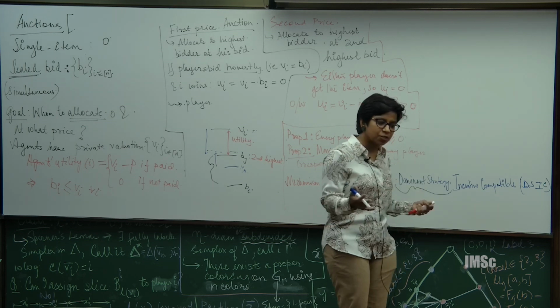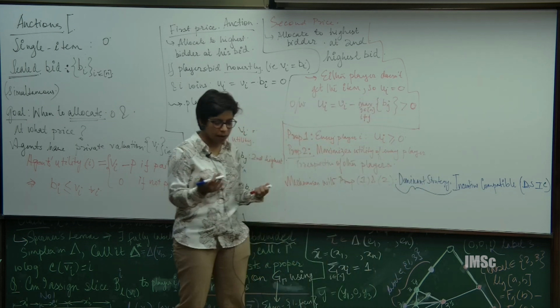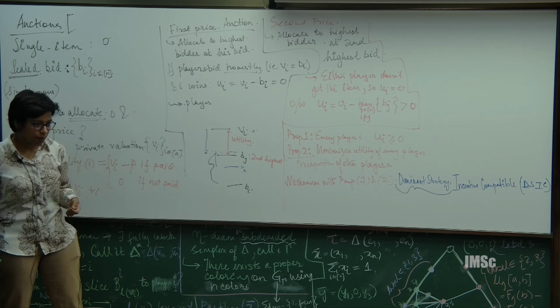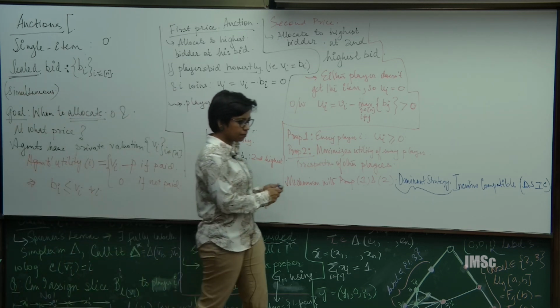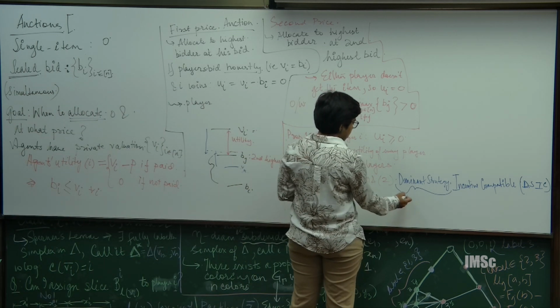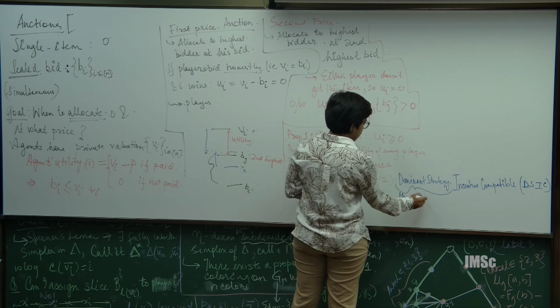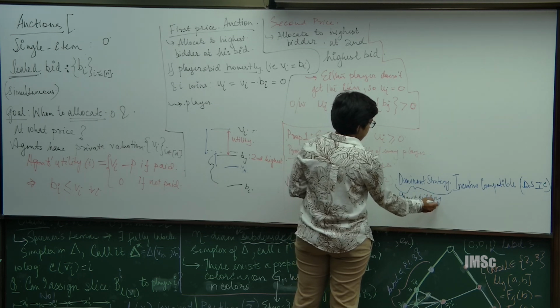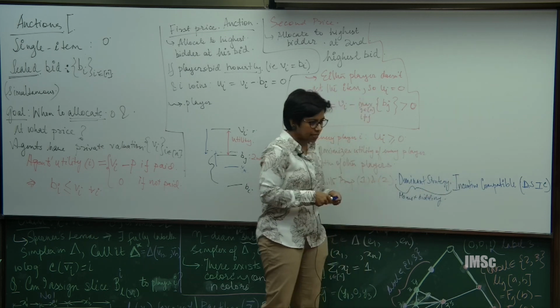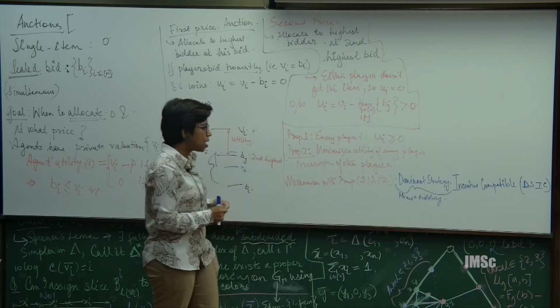The incentive here is to maximize utility from a buyer's perspective, and the dominant strategy, honest bidding, is compatible with my incentive to maximize this. All right.